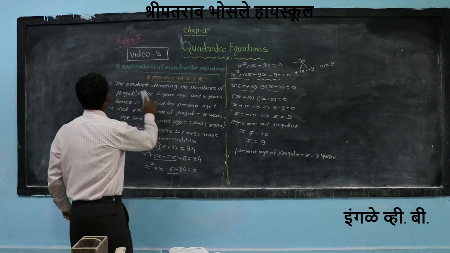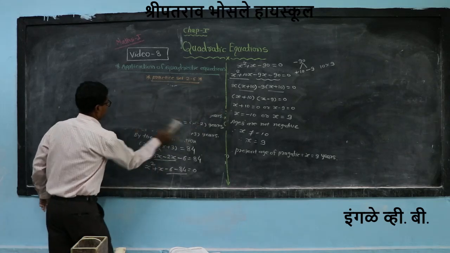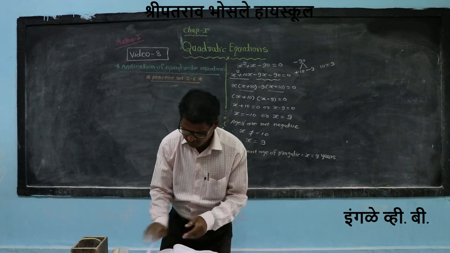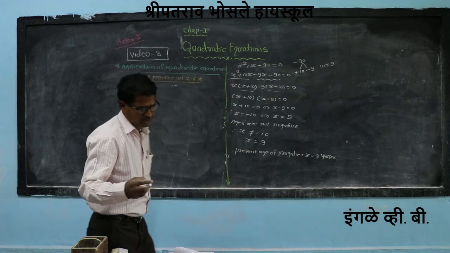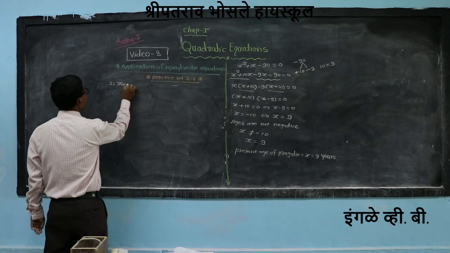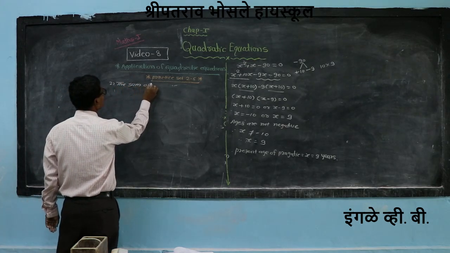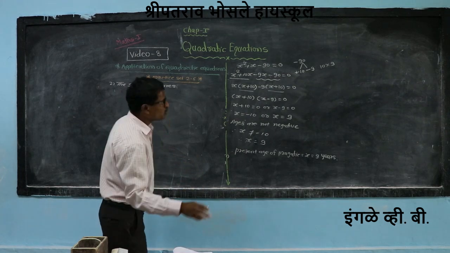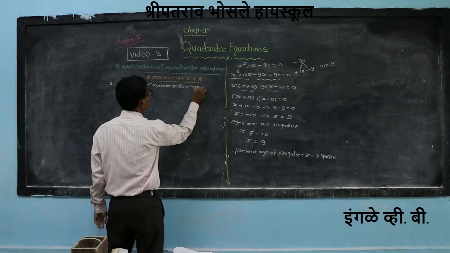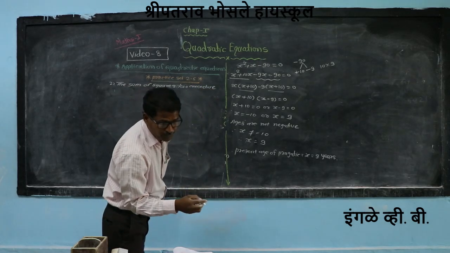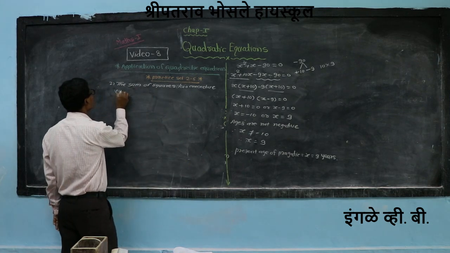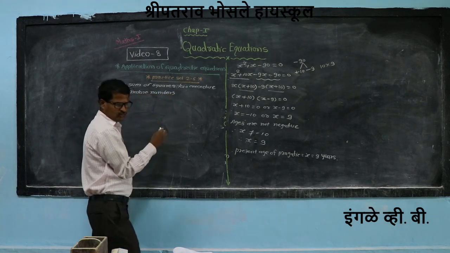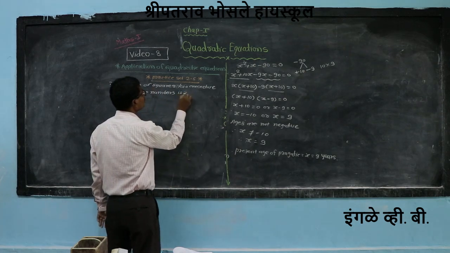Example number 2. The sum of squares of two consecutive even natural numbers is 244.